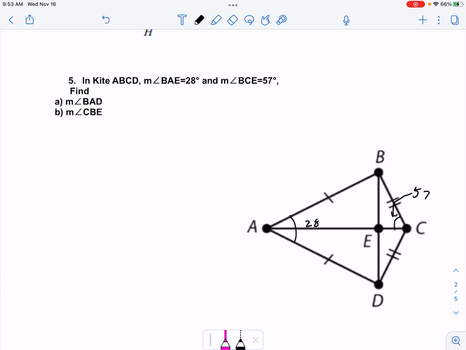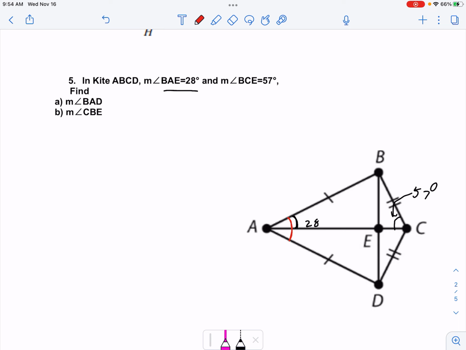That's 57. Okay, and what they want us to do is find BAD. Okay, so I misspoke here. They're saying BAE is 28. Okay, so BAE, that's just this. The first thing they want us to find is this right here.